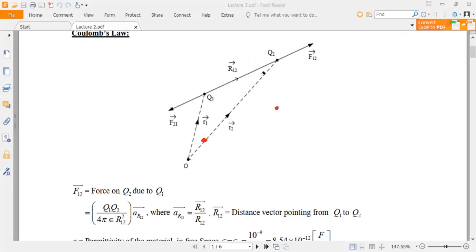The positions are defined by the position vectors. As you can see, they are defined by the position vectors. This is the position vector r1 with an arrow.